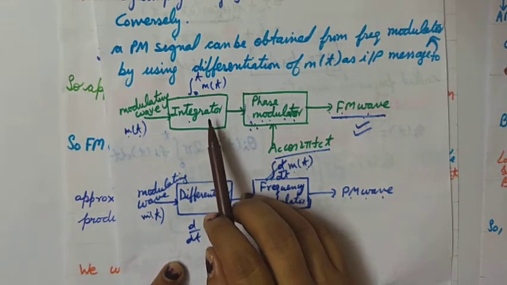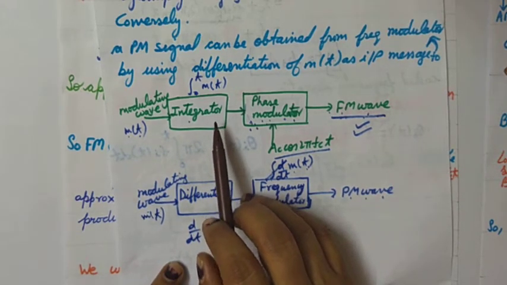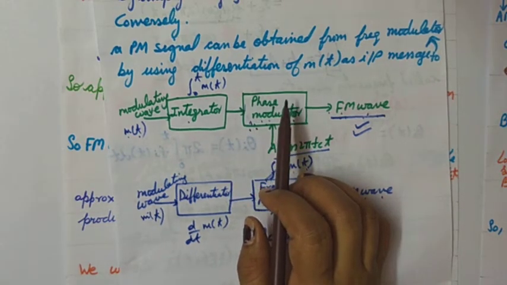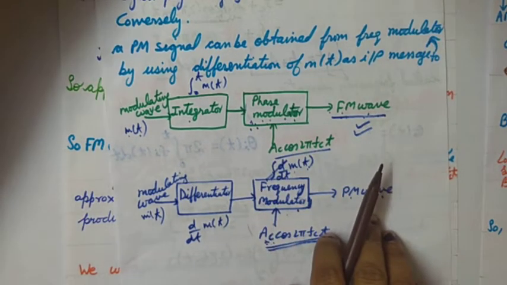So the integrated modulating signal is the input to the phase modulator. We are going to use this concept here.